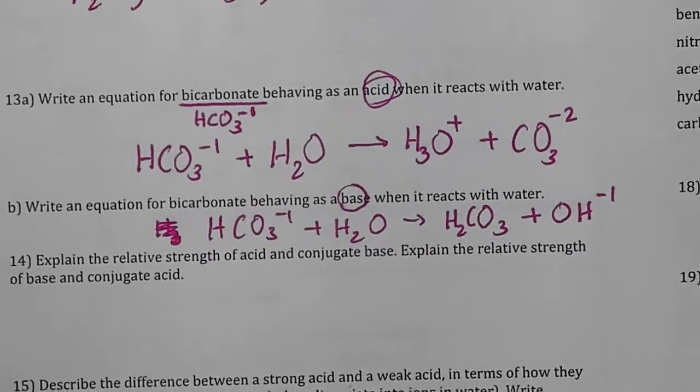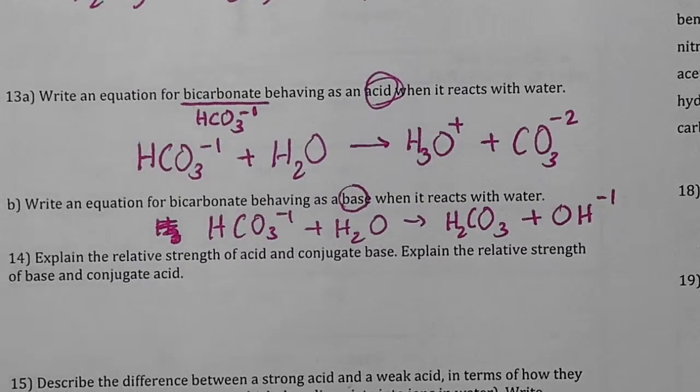All right. Okay. So number 14, you've got to explain the relative strength of an acid and its conjugate base, and a base and its conjugate acid. So what does that mean?